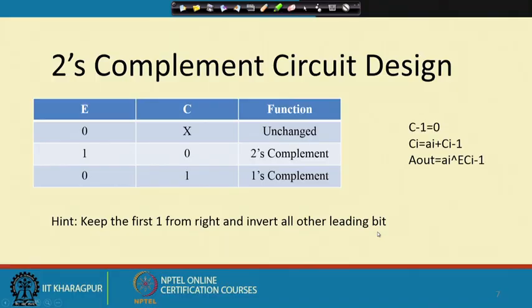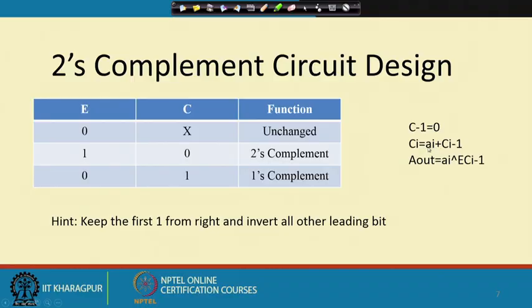What is the hint here? Keep the first 1 from the right and then invert all the other leading bits. So the corresponding equation for that: whenever we are adding 1, I have to generate the carry.